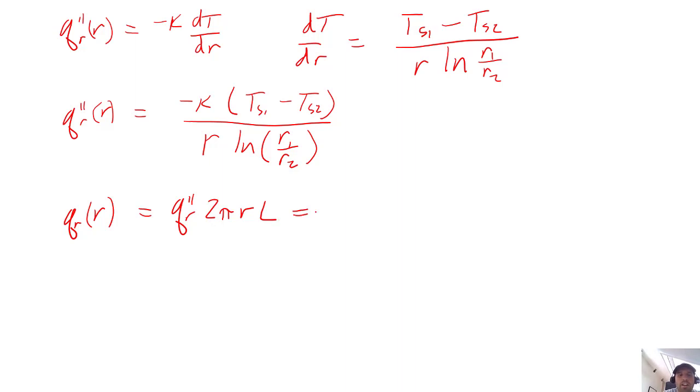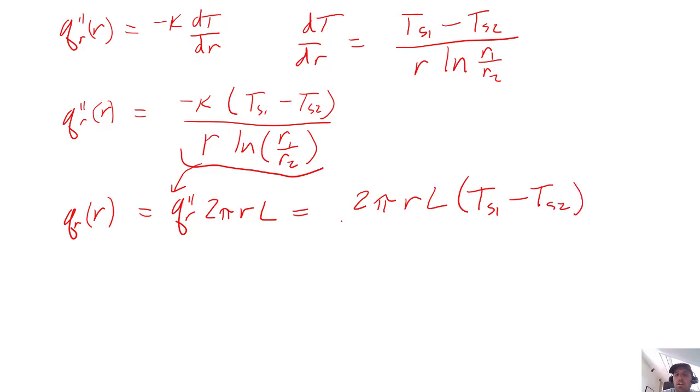So substituting this for Q, we get 2 pi RL multiplied by Ts1 minus Ts2 divided by, oh, and we need a minus K in there still, divided by R natural log of R1 over R2.